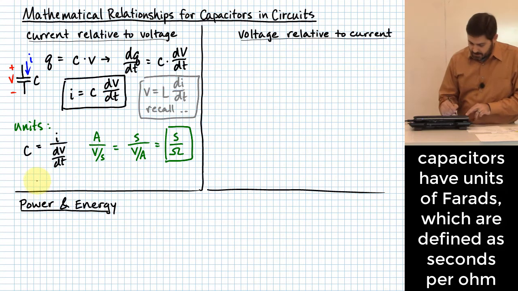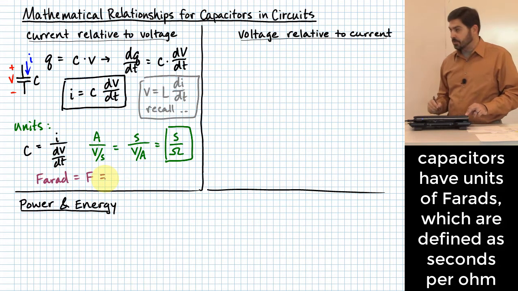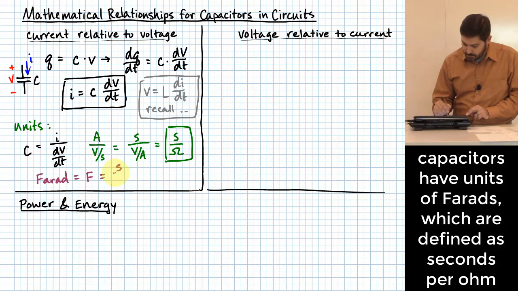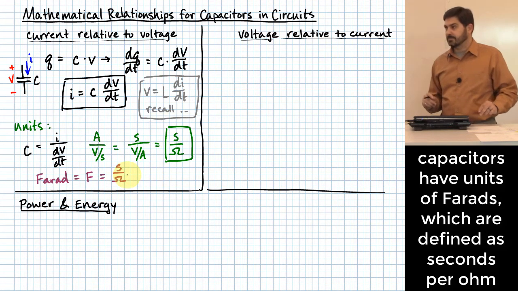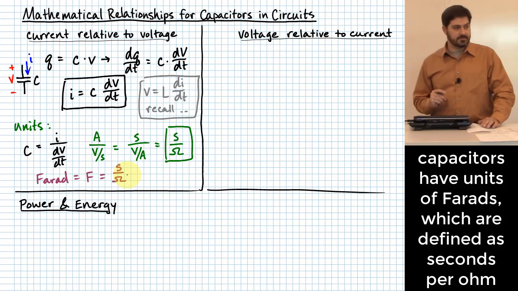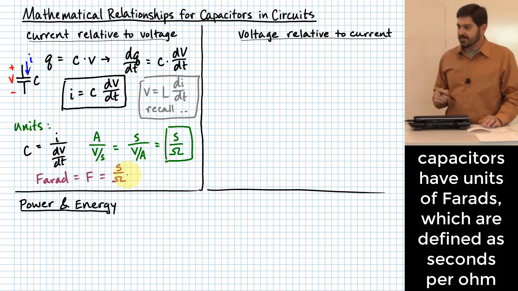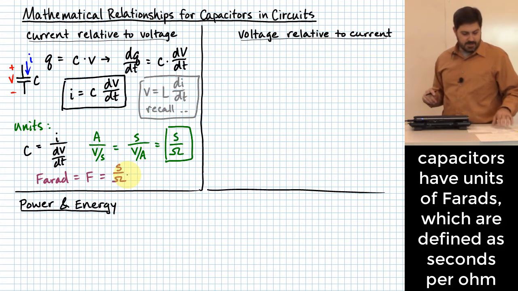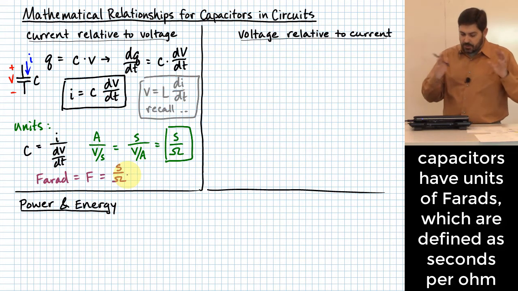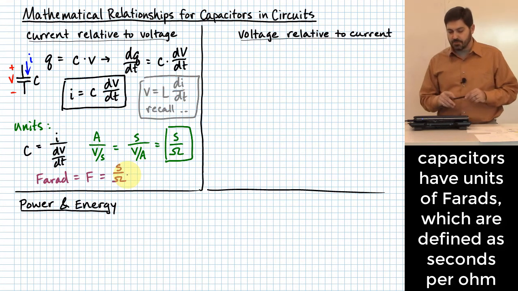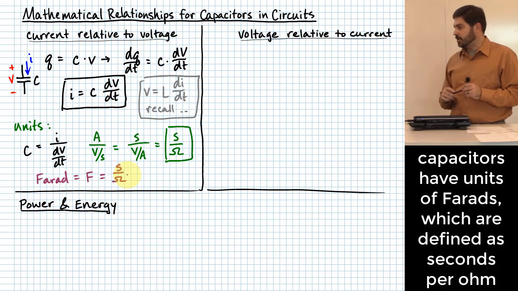A farad, which we denote with the letter F, is equal to a second per ohm. Cool. So that's kind of how we relate current relative to voltage for a capacitor.